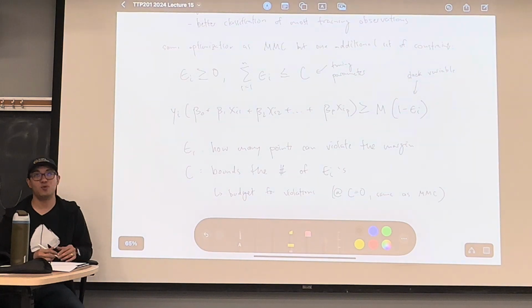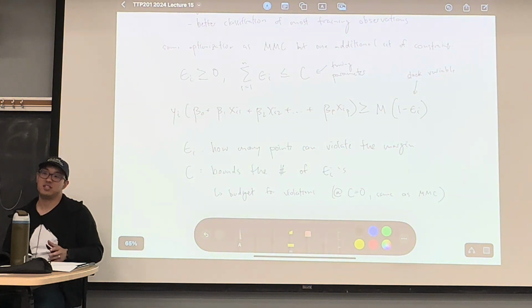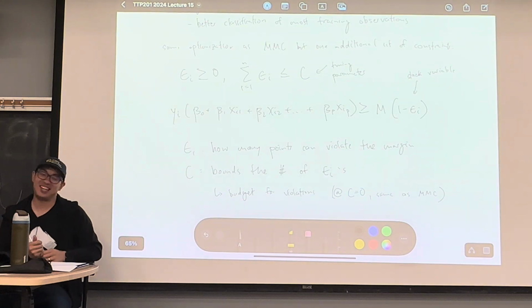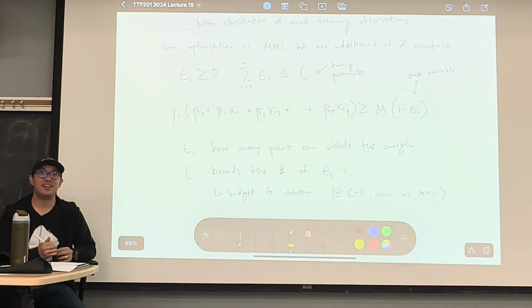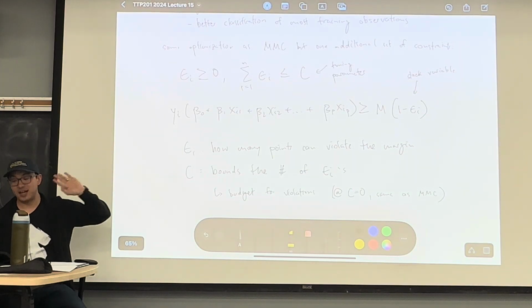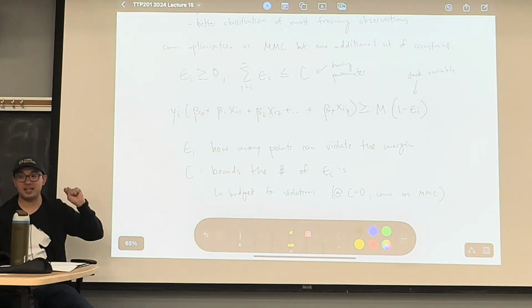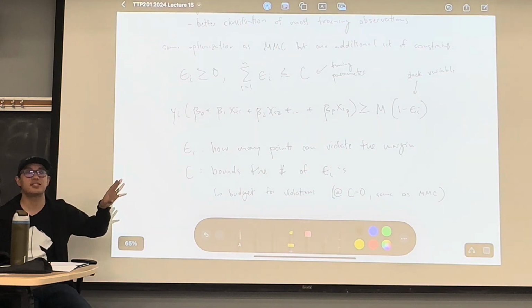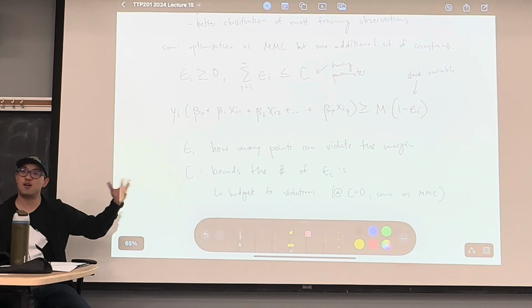How do we know what the right number of violations to allow would be? Cross-validation. Cross-validation, yay. That's right. So I can leave out a bunch of points. I can put in the hyperplane. I can decide how many penalty terms I'm going to allow, draw that line, and then predict based off some test points how well I've done, right?